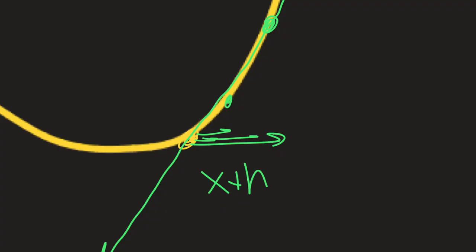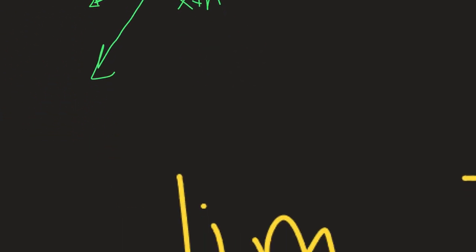So we're bringing in our point, our secant line is getting closer and closer until we're close enough that it looks exactly like a tangent line. And that's what our derivative is. It's the slope of the tangent line at any given value of x. So that's what is happening.